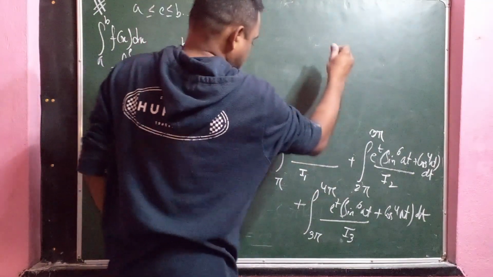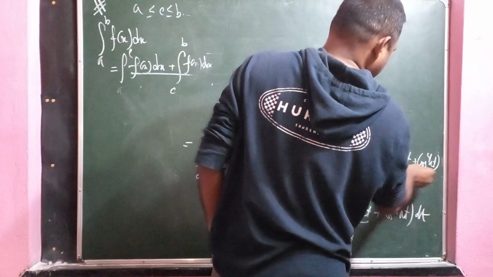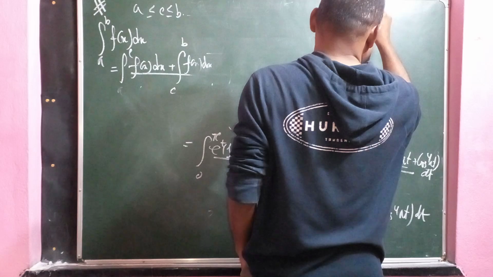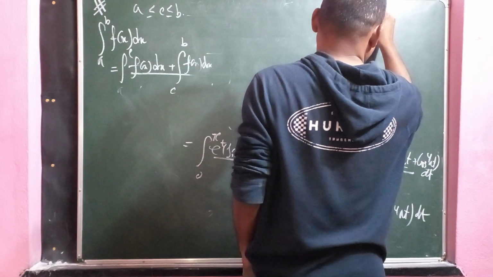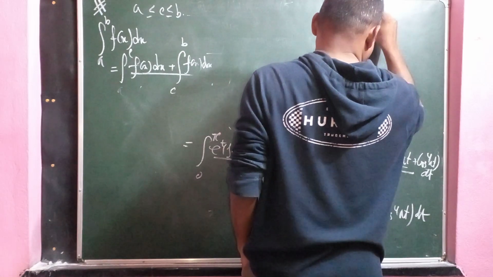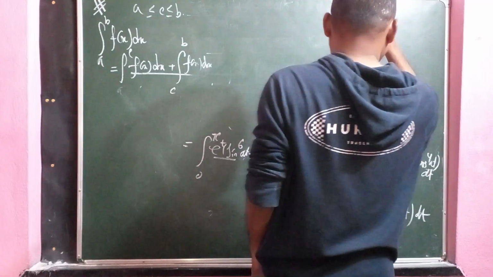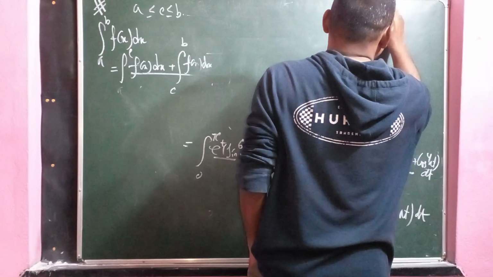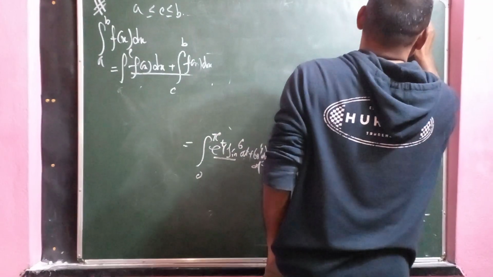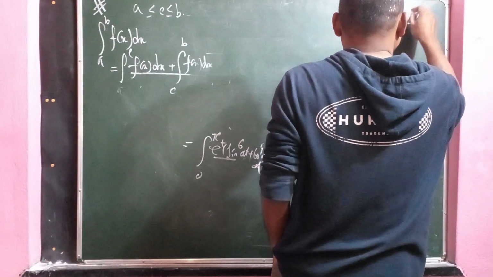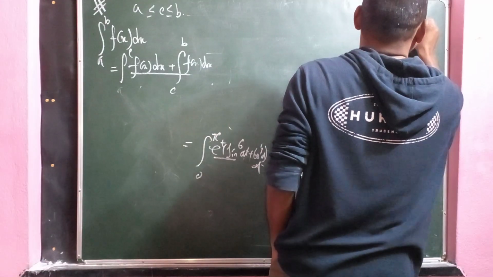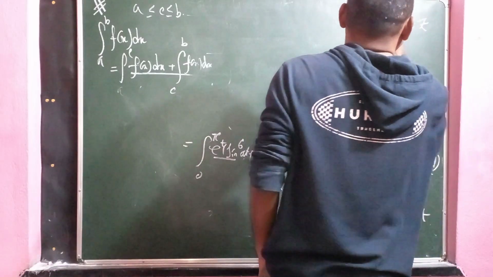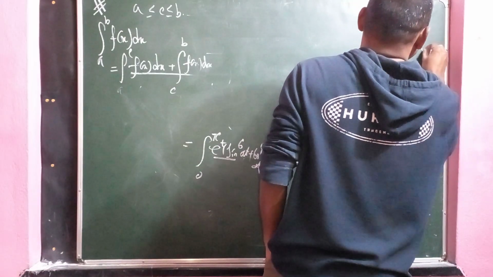Suppose it was sin and cos with e to the power t. So suppose pi plus t is equal to z; I take t equal to z minus pi.